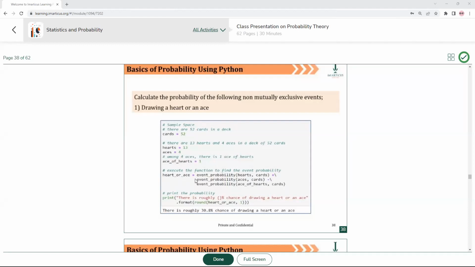That is P A union B. So this is this formula. P A union B is equal to P A plus P B minus P A intersection B.